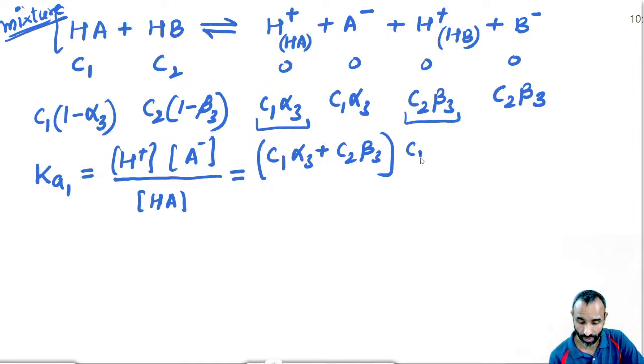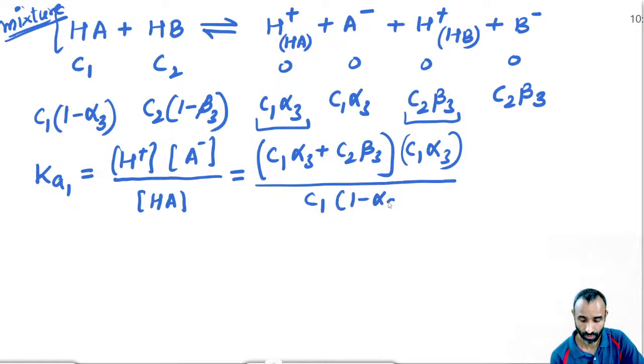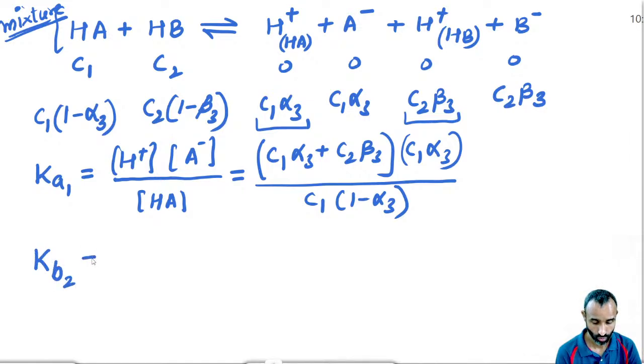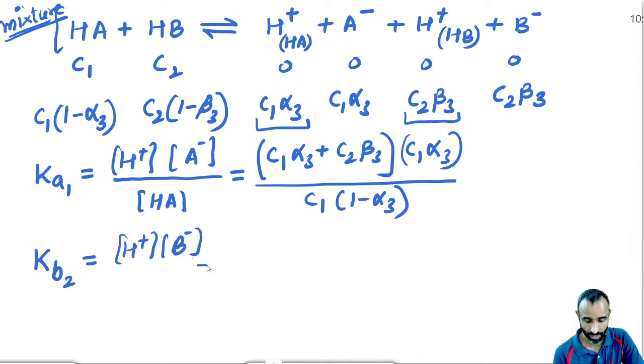A negative concentration is simply C1 alpha 3 divided by HA, which is C1(1 minus alpha 3). And what is Kb2? Let us say for HB it is Kb2. So it is H plus concentration, B negative ion concentration upon HB.